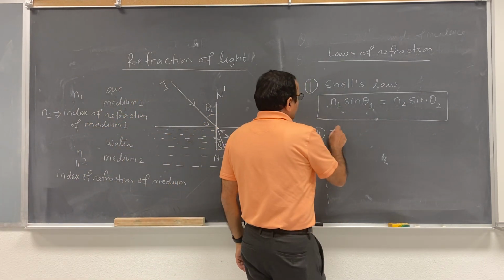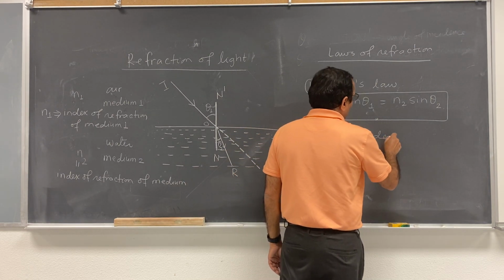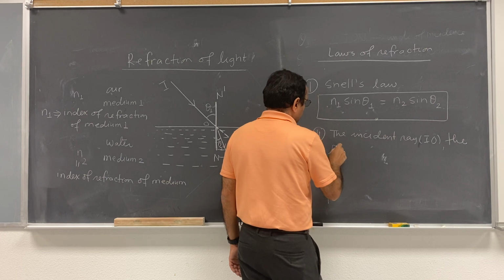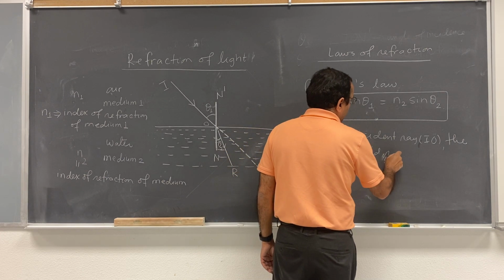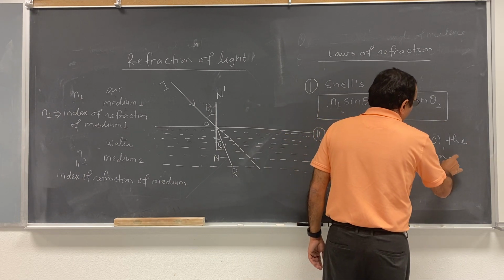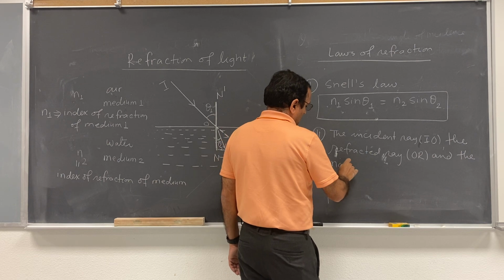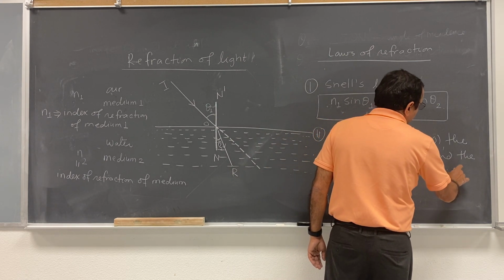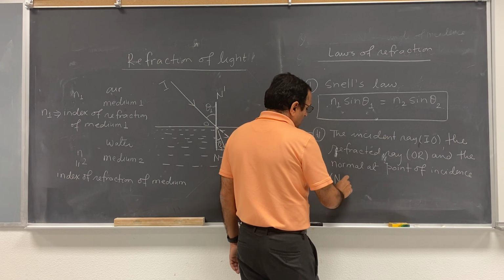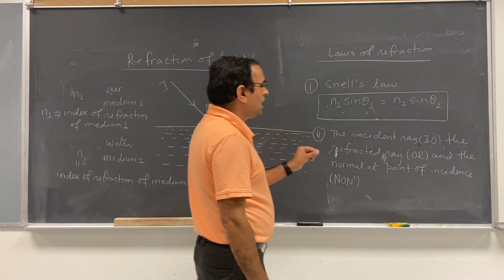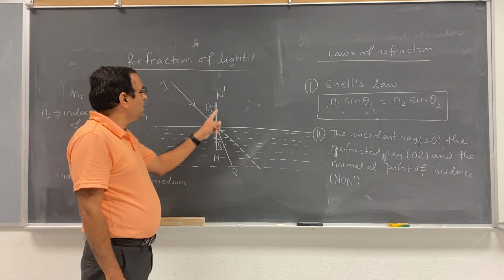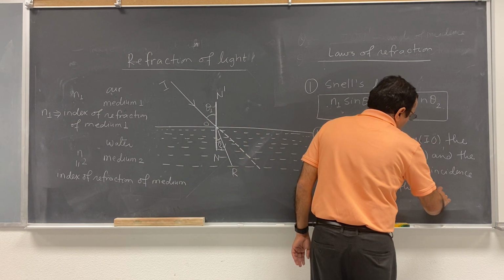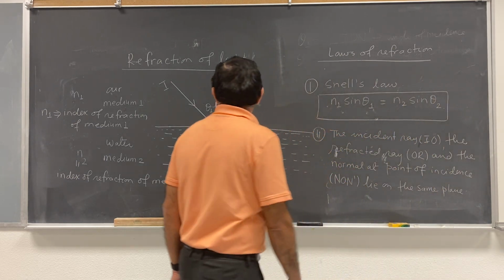Okay, so the second law is: the incident ray IO, the refracted ray OR, and the normal at point of incidence, which is NON prime, lie on the same plane. You can call this the second law.